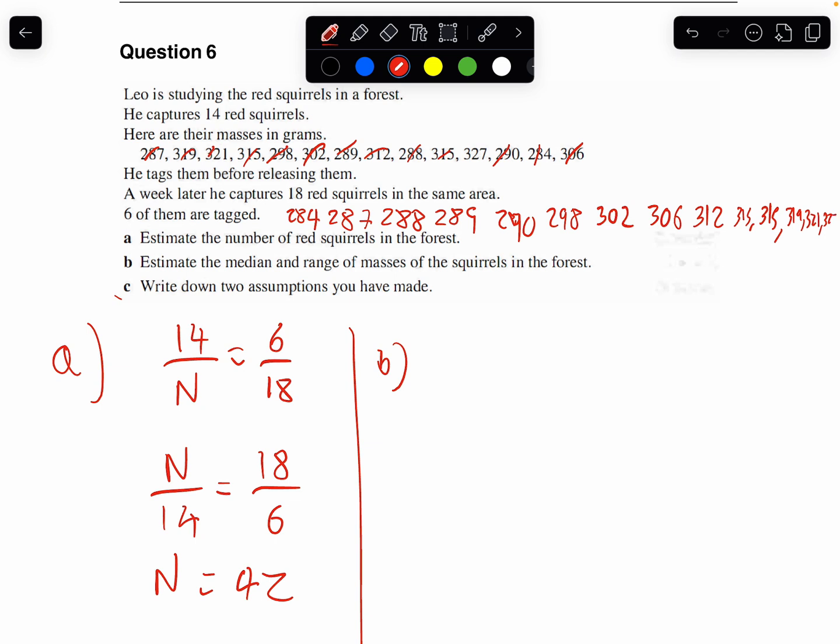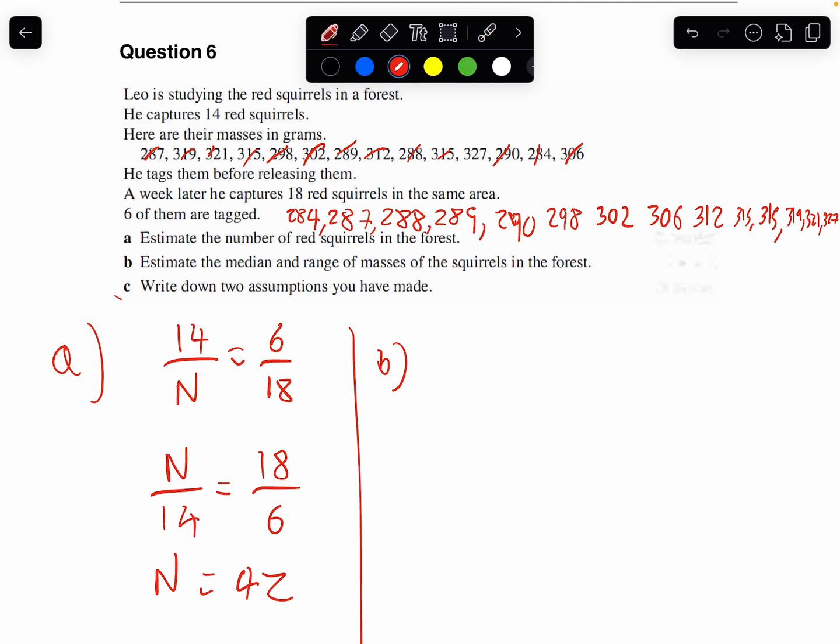Once again, good to always check. Right, there are 14 squirrels, so 1, 2, 3, 4, 5, 6, 7, 8, 9, 10, 11, 12, 13, 14. I have 14 numbers, so I'm pretty sure I've written them all down.